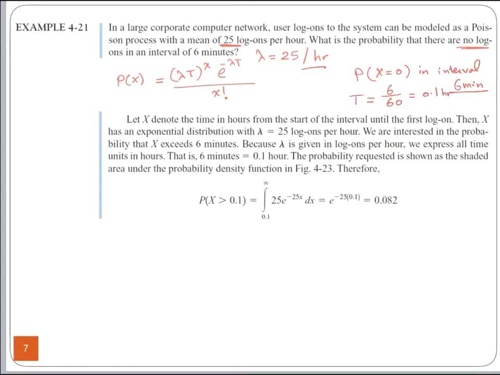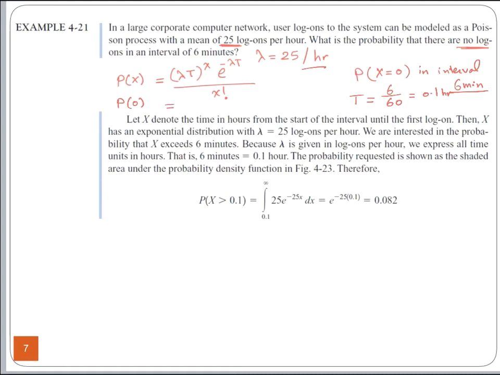And then substitute the value of t in the expression, and we are looking for X equals 0. So no logons means that the number of logons is equal to 0, which means that we are looking for the probability of 0.